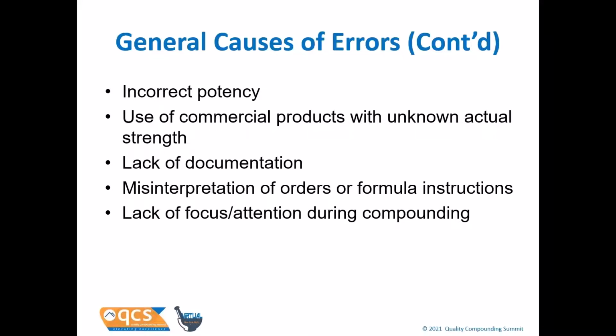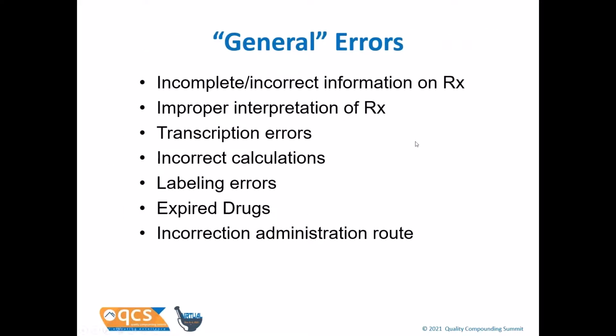There can also be misinterpretation of orders or formula instructions. So this is an example of where anything that is unclear needs to be clarified prior to proceeding. And then some people do not really focus and provide complete attention during the compounding process, and this can result in errors.